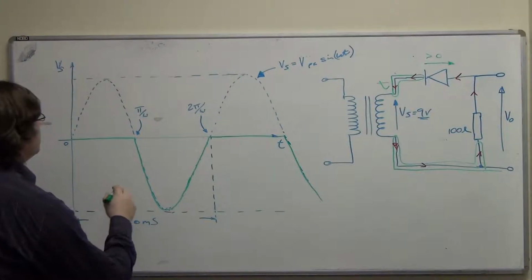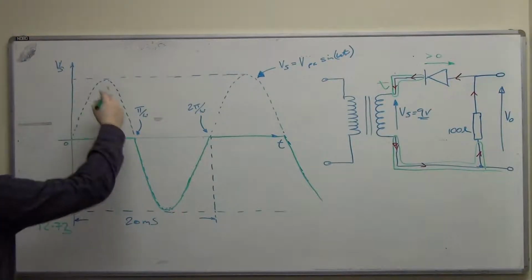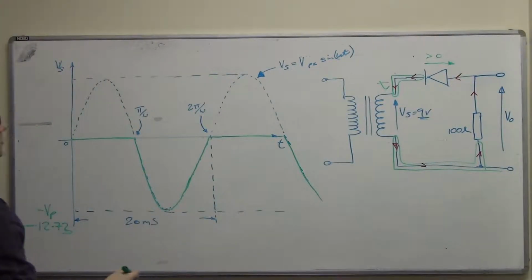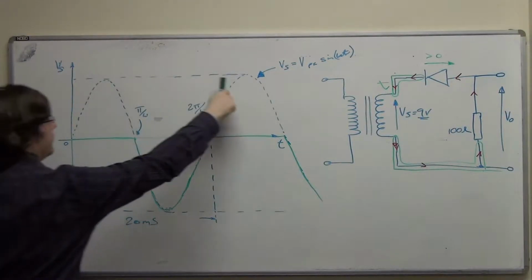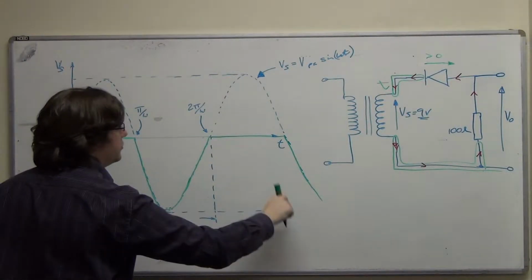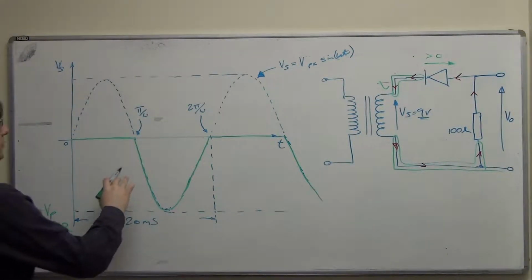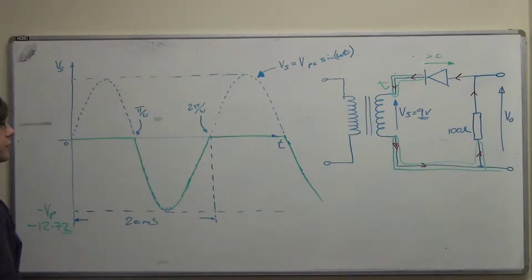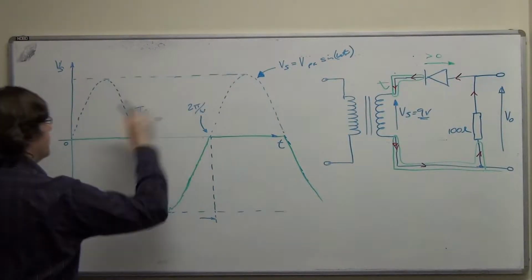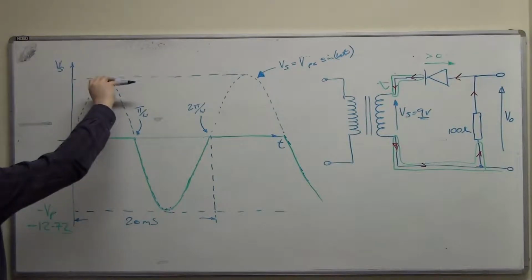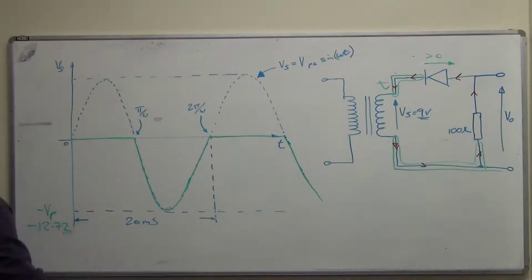I hope you can see that the average value of the whole sine wave would be 0, because there's just as much stuff up here as there is down here, assuming this keeps going forever. But the average value of the half-wave rectified sine wave is not 0, because there's an imbalance of stuff above and stuff below. In fact, there's nothing above and everything below.